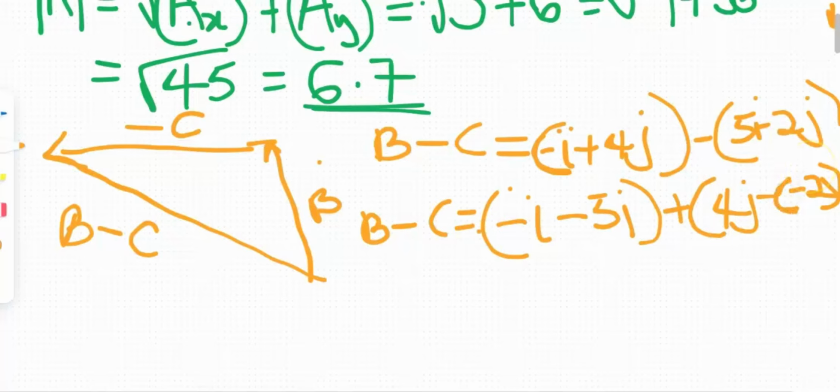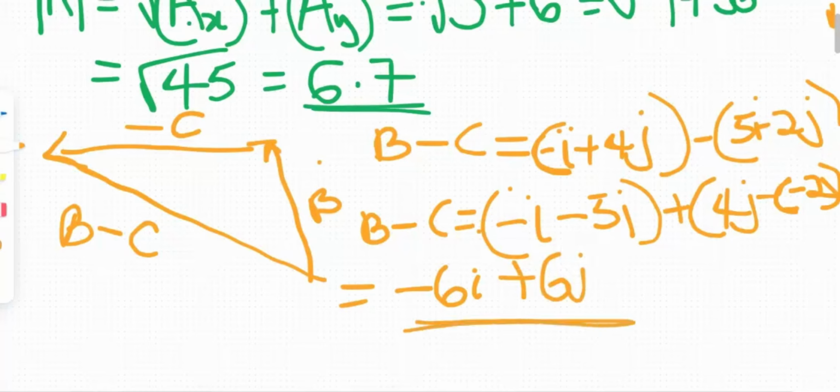Okay, so that would give us minus i minus 5i is equal to minus 6i, and minus minus 2 is equal to plus 2, plus 2 plus 4 is equal to plus 6j. So this is the resultant of B minus C.